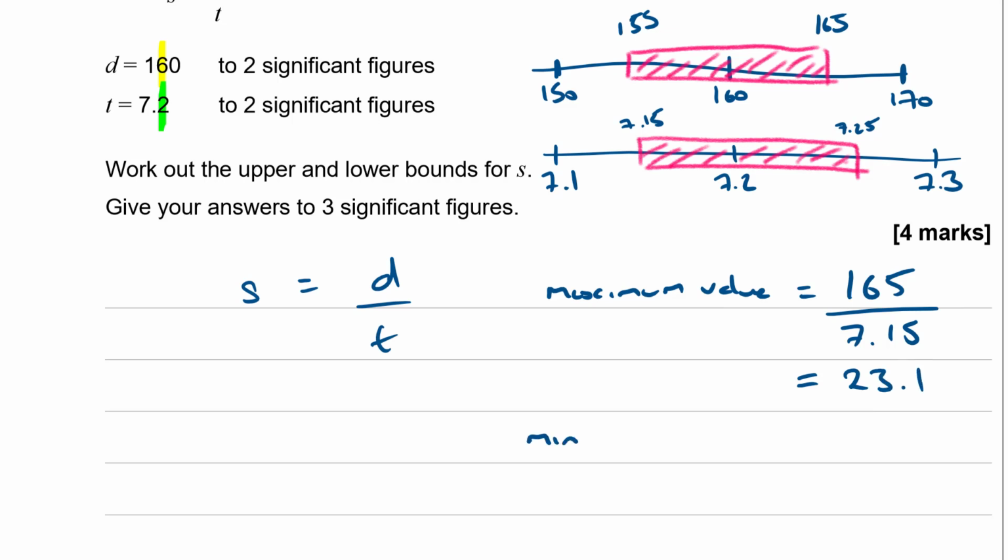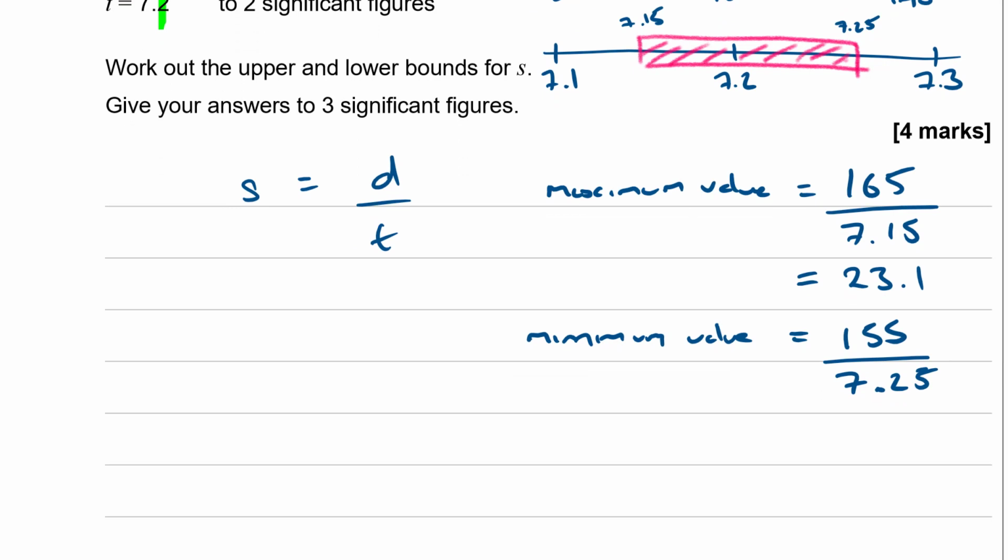And my minimum possible value for S is going to be my smallest possible value of D, which is 155, divided by my largest possible value of T, which is 7.25, which gives me 21.37, which I'm going to round up to 21.4.